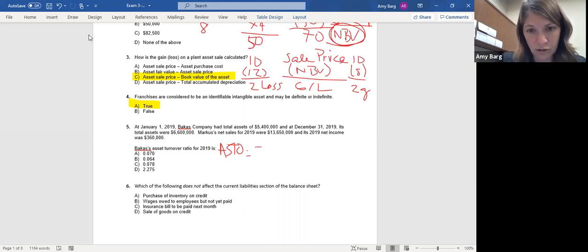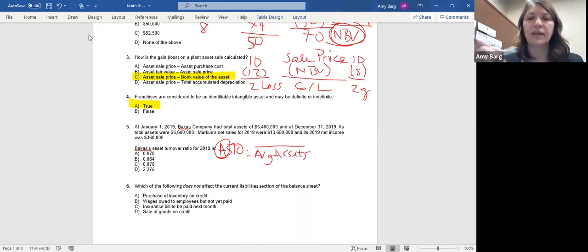anytime you see turnover, you know that whatever you're turning over goes on the bottom, and it's going to be the average of whatever it is. So it's the average assets, and then assets would go with sales. The numerator is either going to be sales or cost of goods sold, but with assets, it's going to be sales.